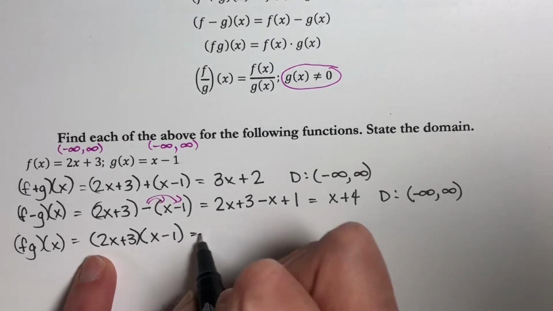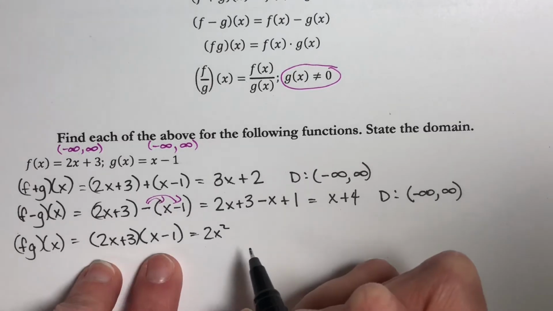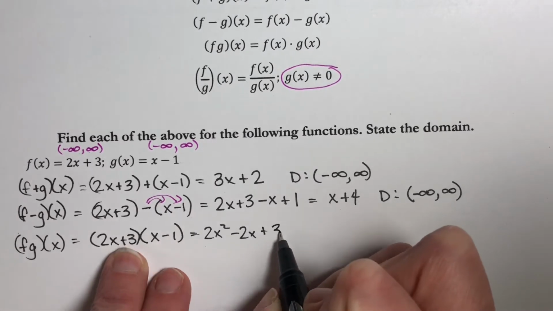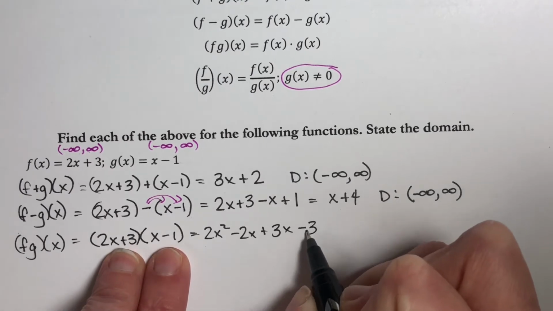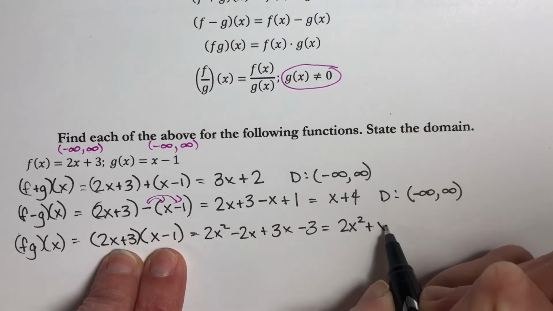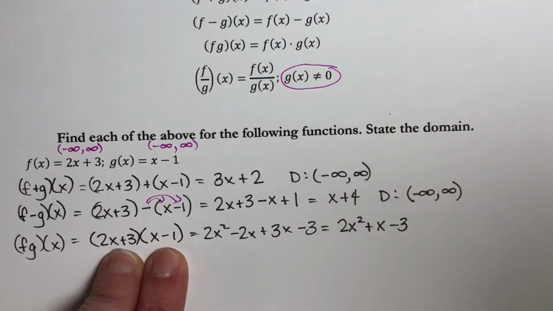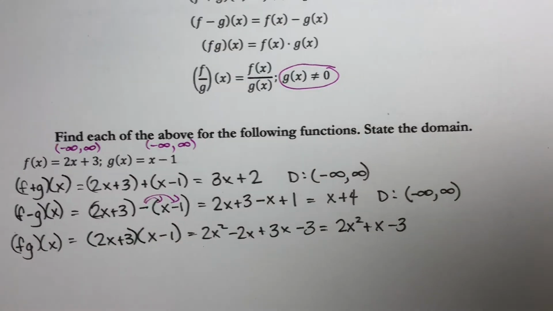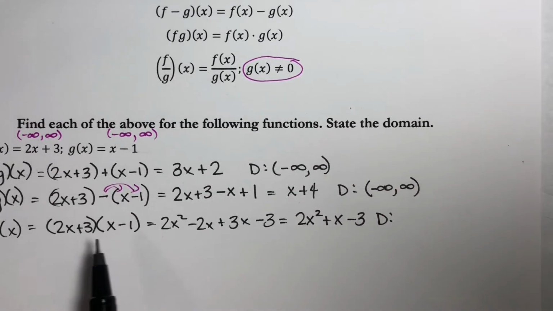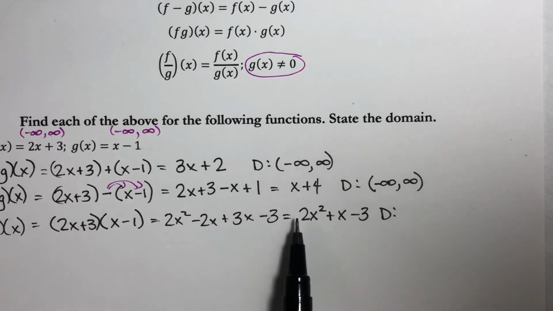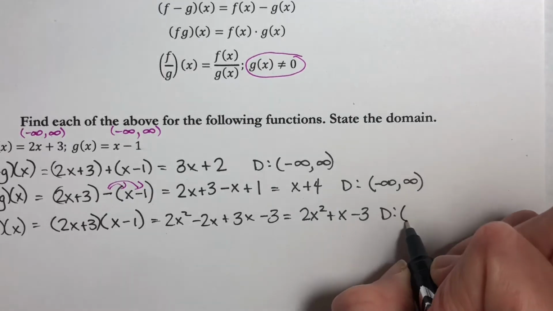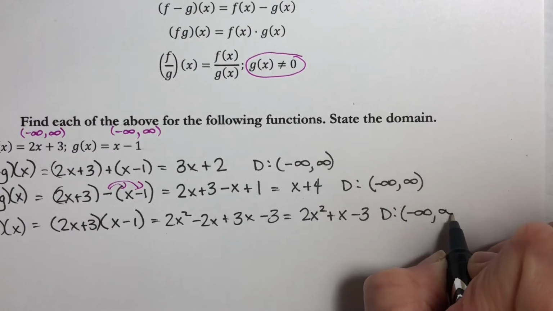That's going to be 2x squared minus 2x plus 3x minus 3, which simplifies to 2x squared plus x minus 3. Okay, now for the domain, again, I have no issues with either one of these individually. This does not have a denominator or a radical in it anywhere, so this domain is still negative infinity to positive infinity.